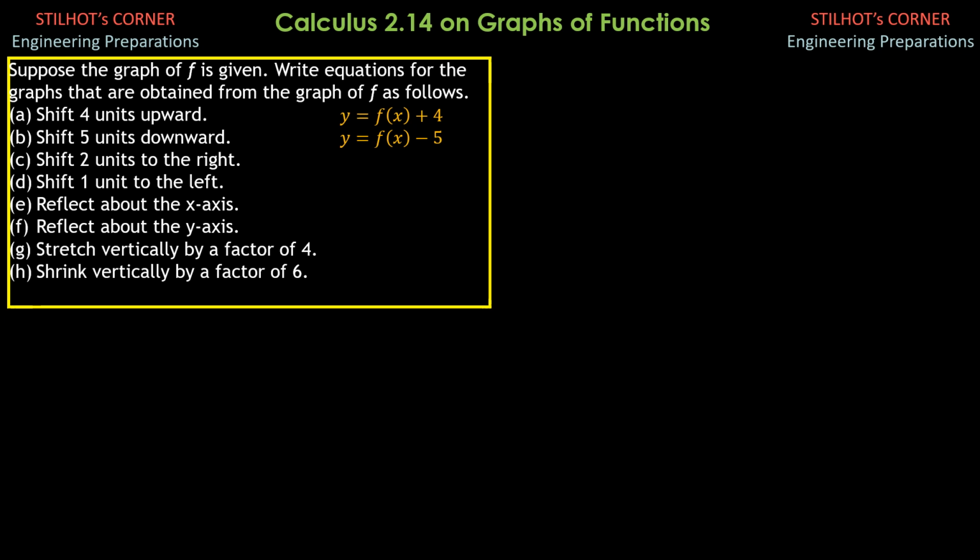If you shift it 2 units to the right, then the value would be the original. Shift 1 unit to the left, so the equation becomes y equals f of x plus 1.